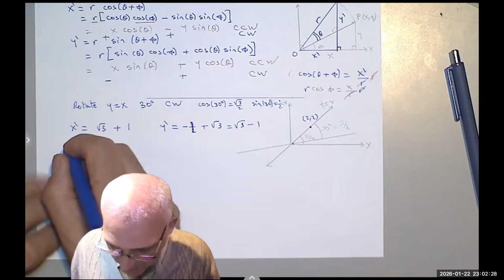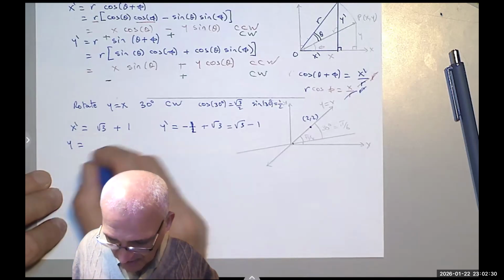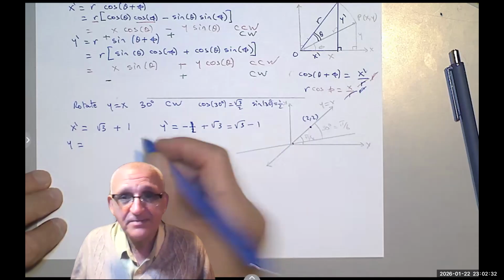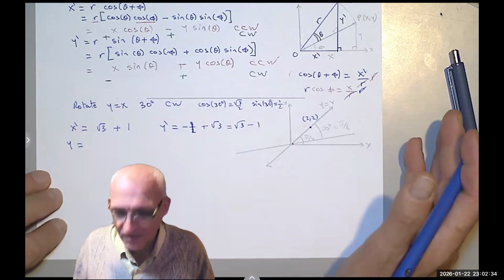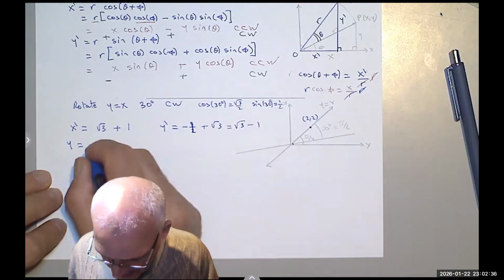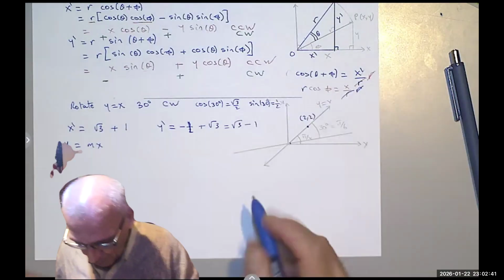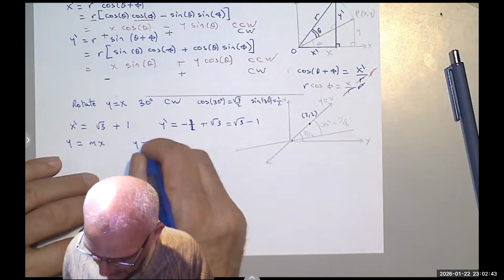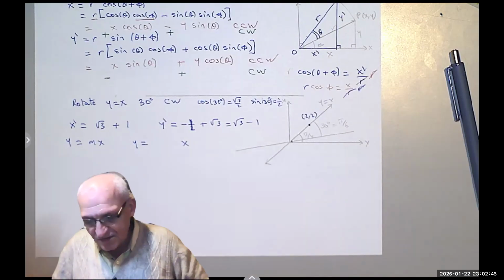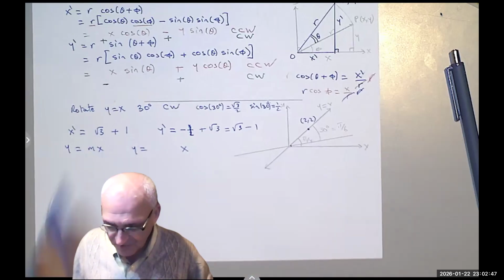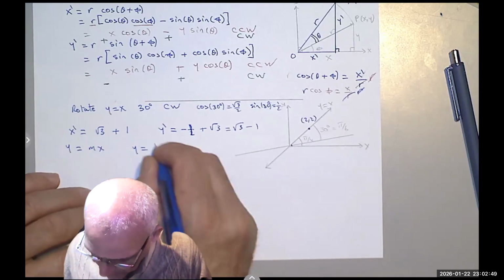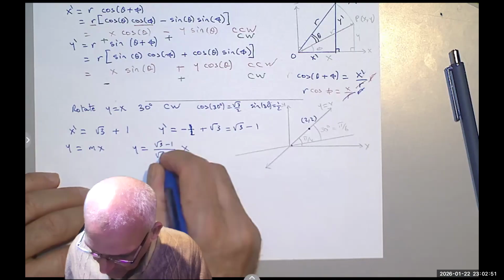So we can write y equals mx plus b, but the b is 0. What is the slope? Y equals mx. So y equals, and what is the slope? Y over x, right? So it's root 3 minus 1 over root 3 plus 1.